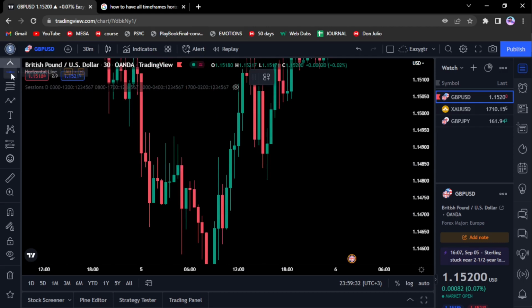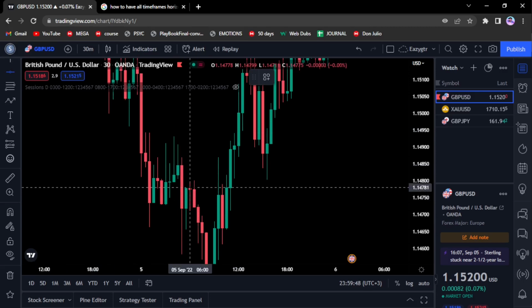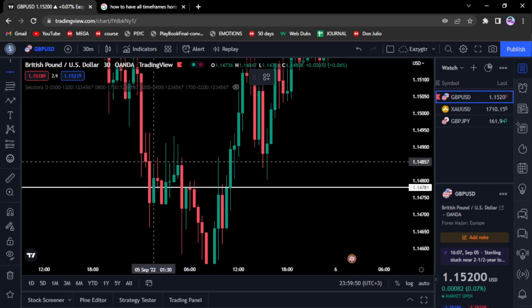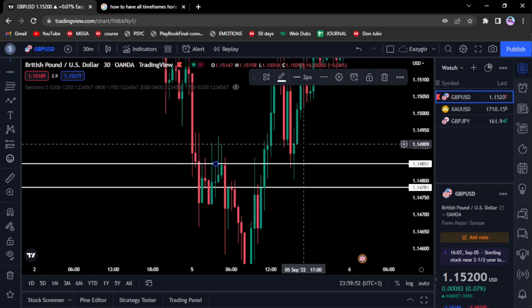You always want to have your analysis from top to bottom, basically a drop down analysis. You start from the higher time frames as you go down, as you try to tell stories using the candles. That's how price action works. So here we had a range 1, range 2.